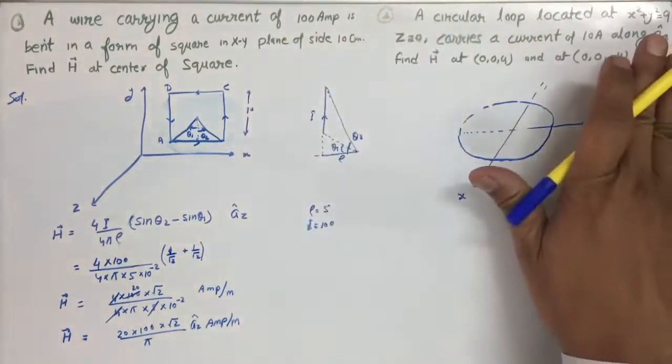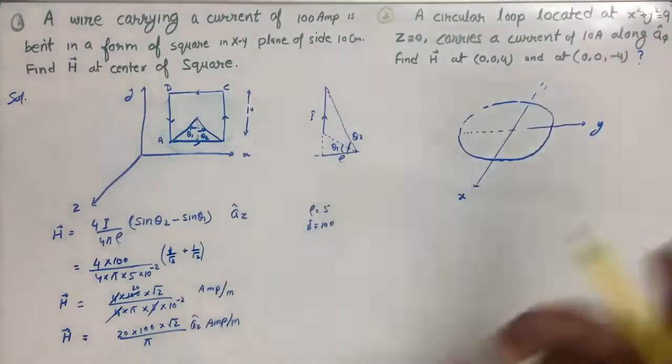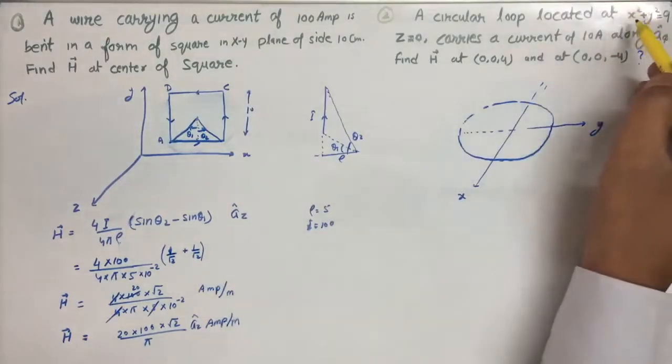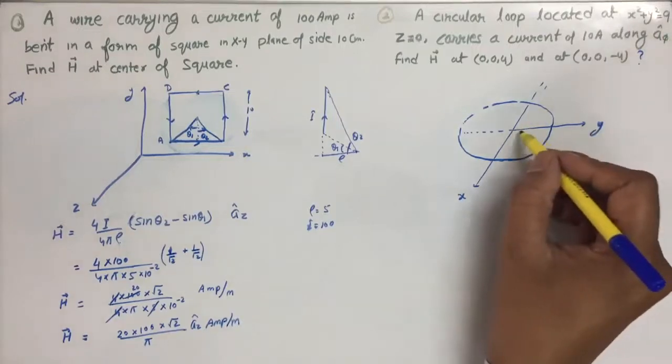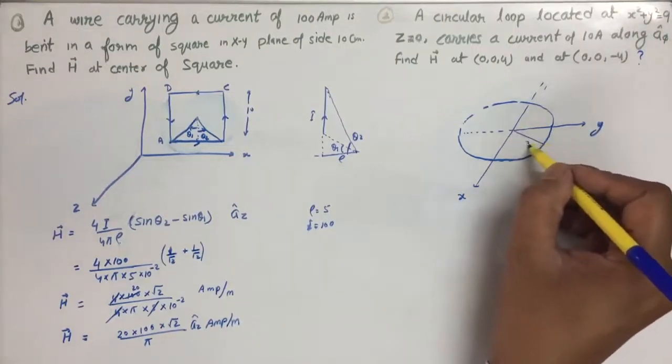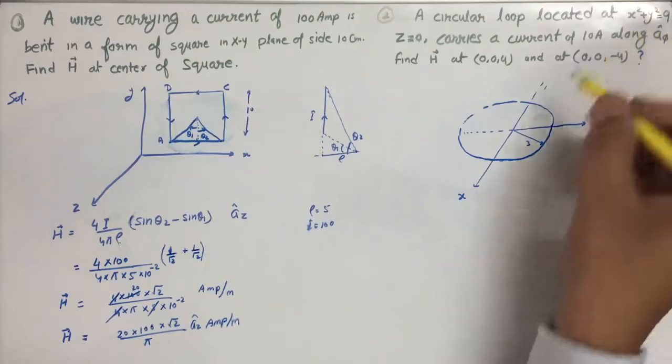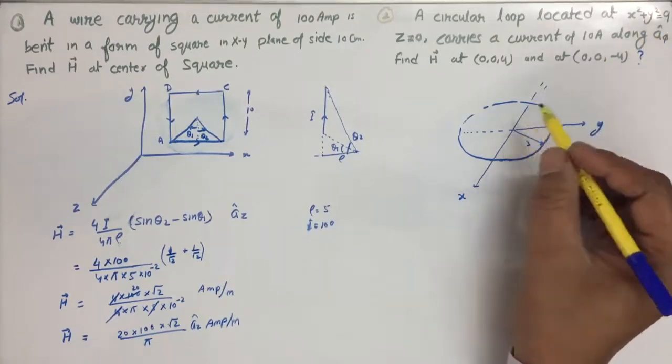This is the circular loop. The equation is x minus 0 square plus y minus 0 square is equal to r square. So the radius is 3, this is 3 from here, and the center is at 0, 0.